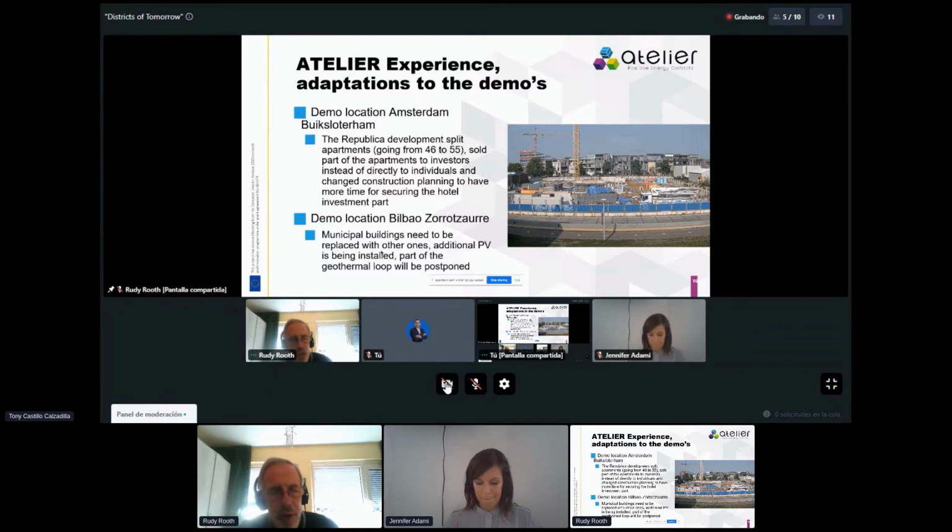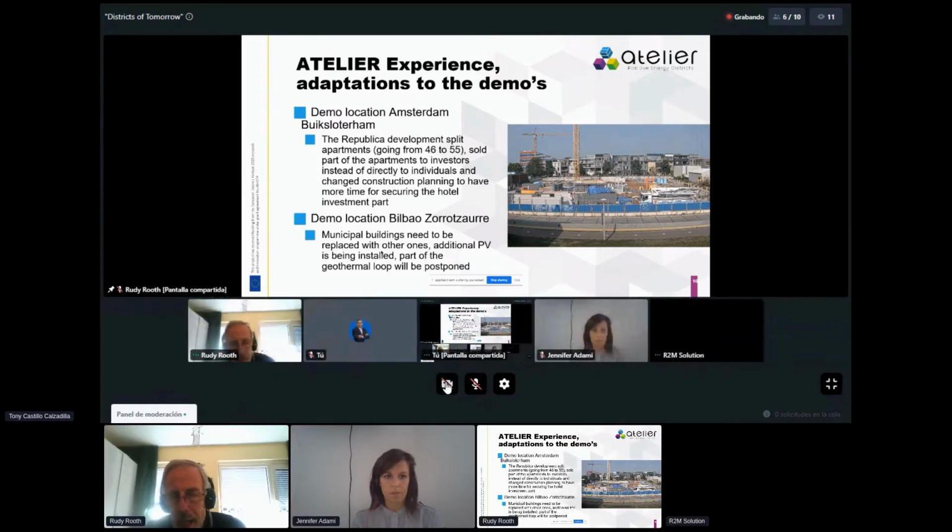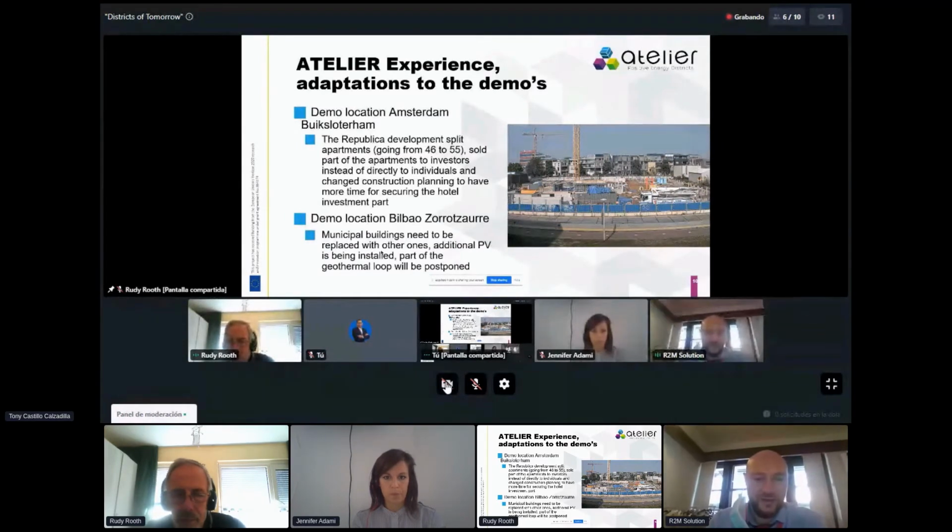And for the demo location of Zorrotzaurre, we are currently in the process of replacing buildings with others, additional PV, and we have to postpone the geothermal loop.